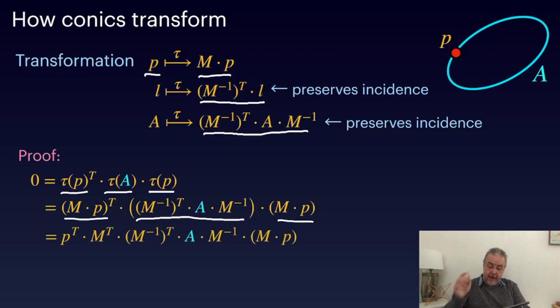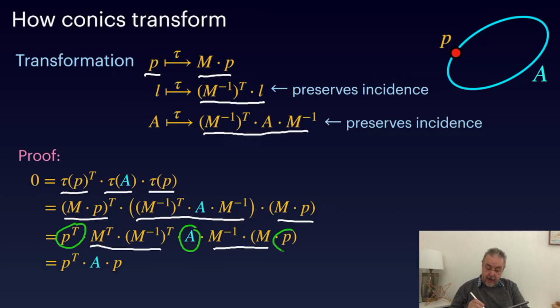Reshuffle the multiplication order, and you will see that this here and this here essentially cancel out, and you end up with everything that's left. This is the matrix A, the point P transposed, and the point P down here, which is our original incidence relation. So this kind of transformation preserves incidences.